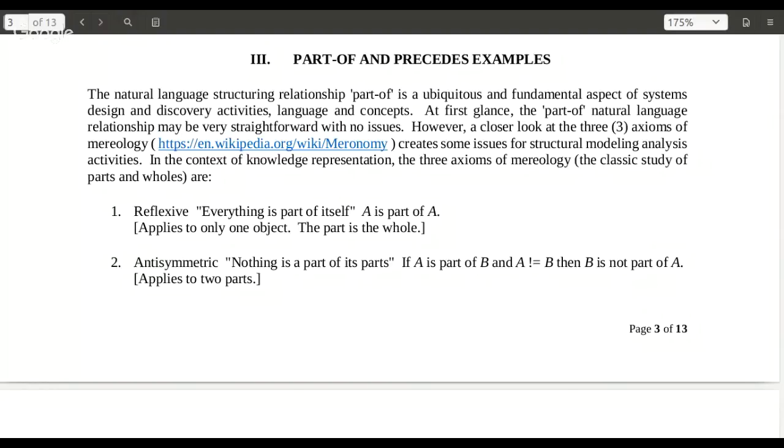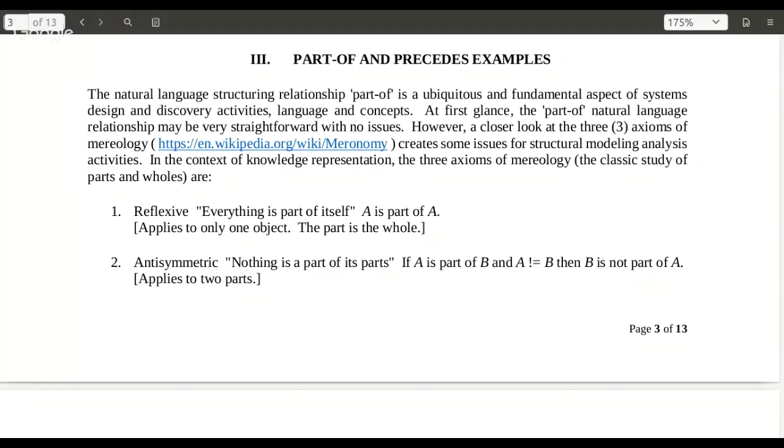But now back to the part-of and the precedes examples. Just looking at the idea of mereology, and part of. I looked up some of this information, and they say part of is reflexive. Everything is a part of itself.